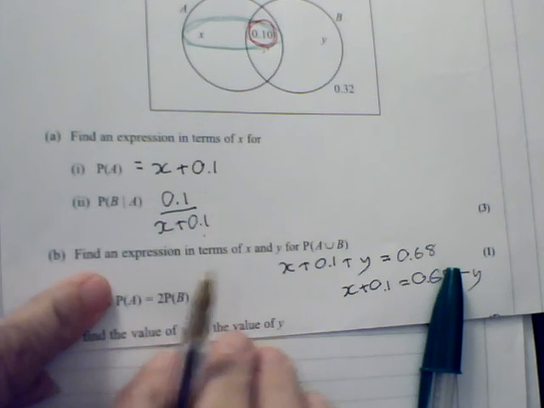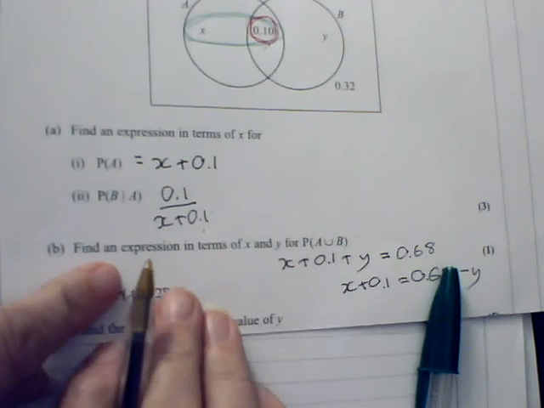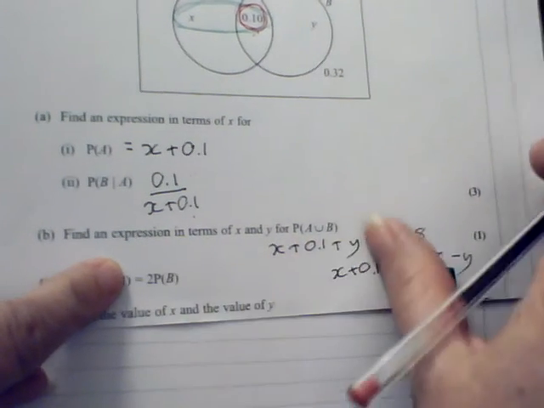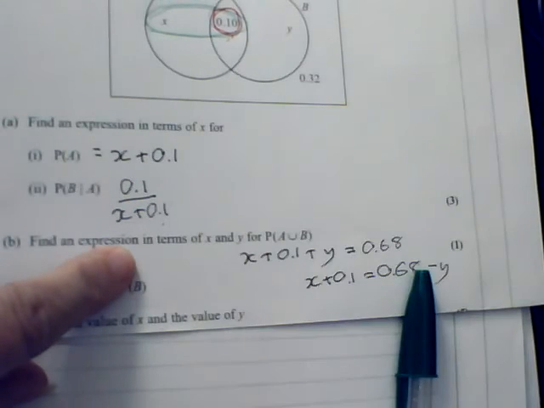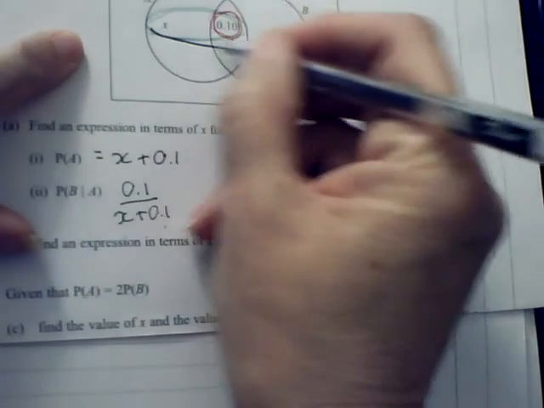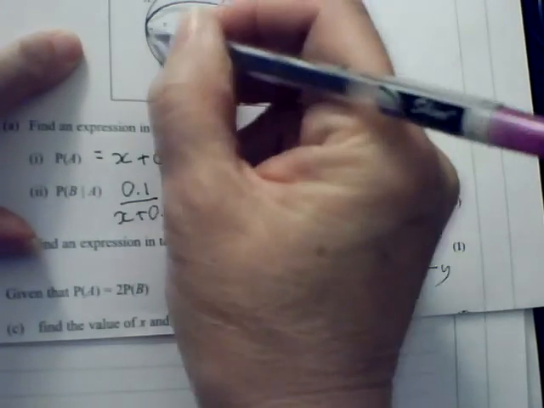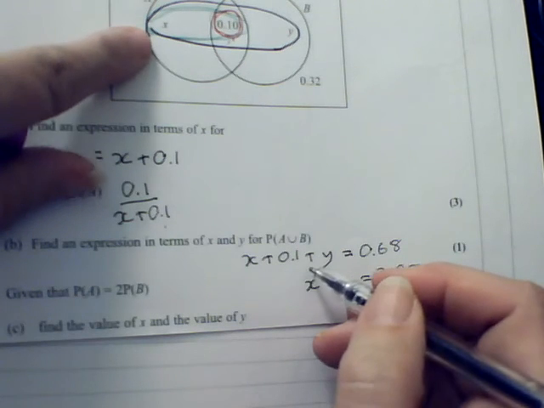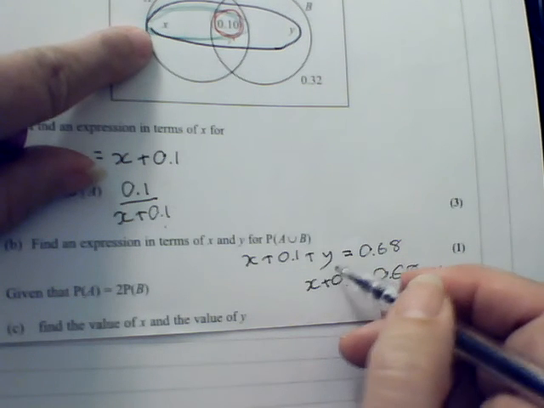Right, and then for part b, find an expression in terms of x and y for A union B. Well, guys, that's just everything that's here, isn't it? Running out of different colour pens now. So all of this here is A union B. Therefore it's x plus 0.1 plus y.